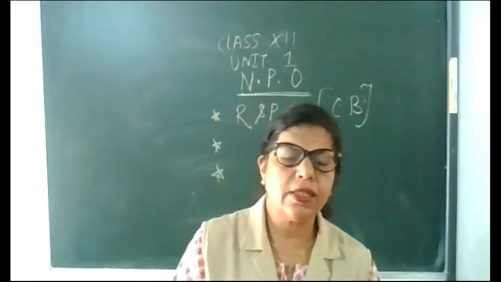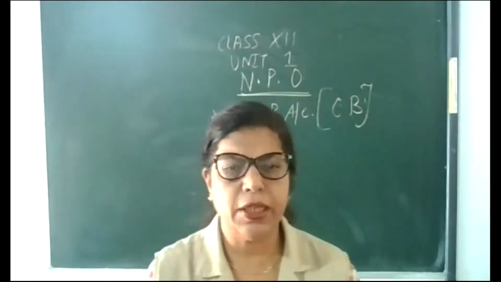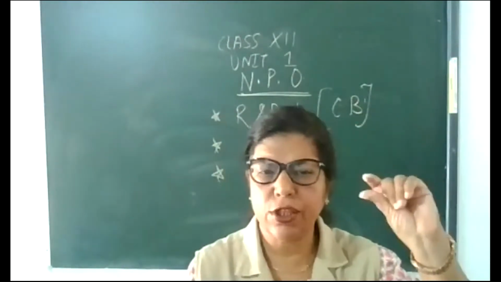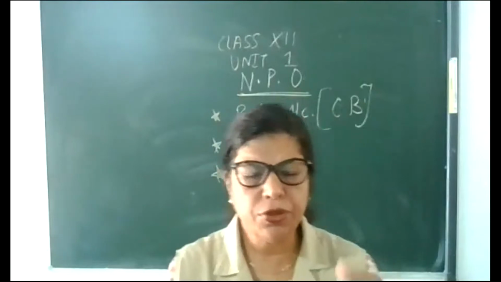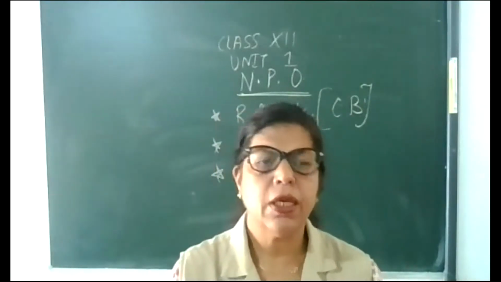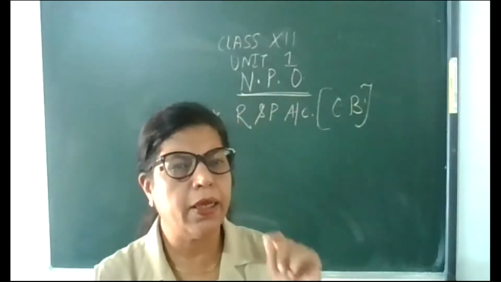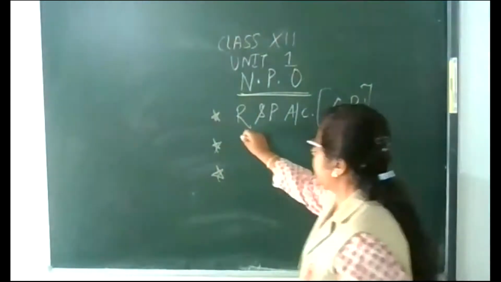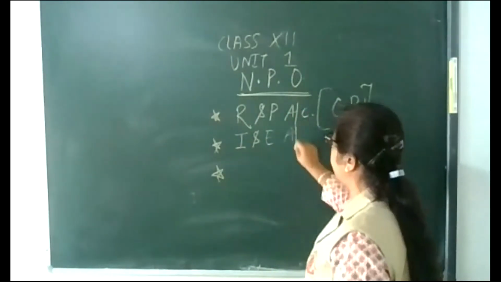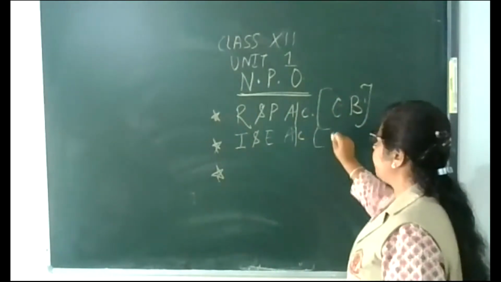In previous classes, I also explained to you that receipt and payment account may be for cash as well as for bank. Now today onwards, I'll give you the details of receipt and payment and income and expenditure account. The second account is the income and expenditure account.